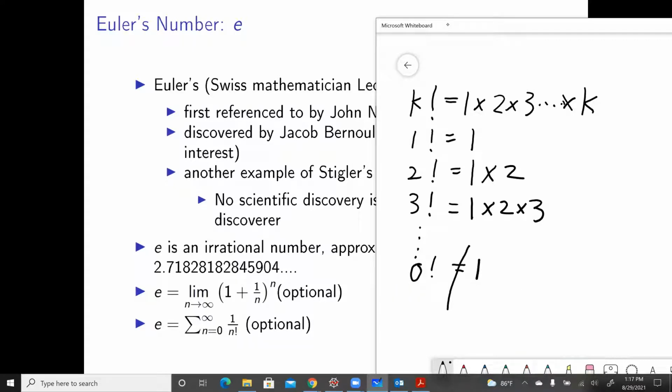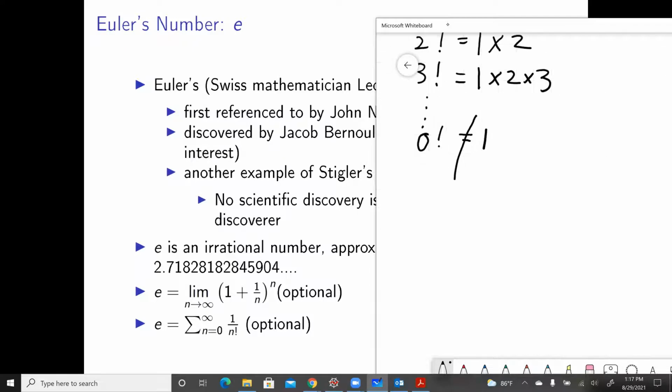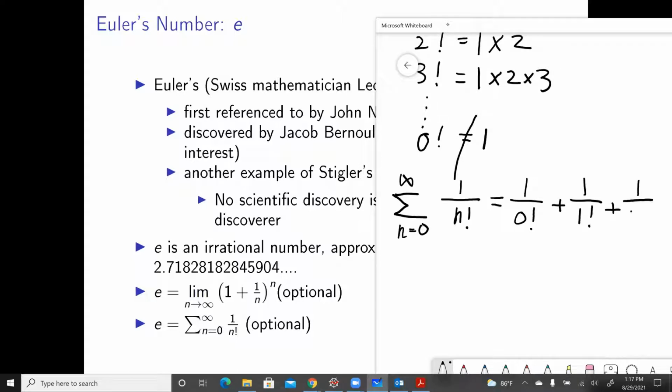Then for this summation, sigma n equal to 0 to infinity, 1 over n factorial, what is this summation equal to? An infinite series. Well, it is 1 over 0 factorial plus 1 over 1 factorial plus 1 over 2 factorial, plus, plus what?